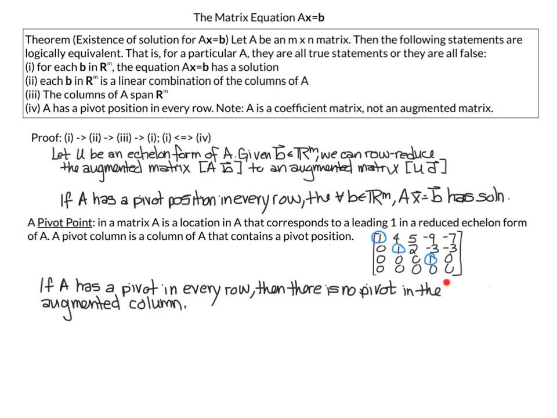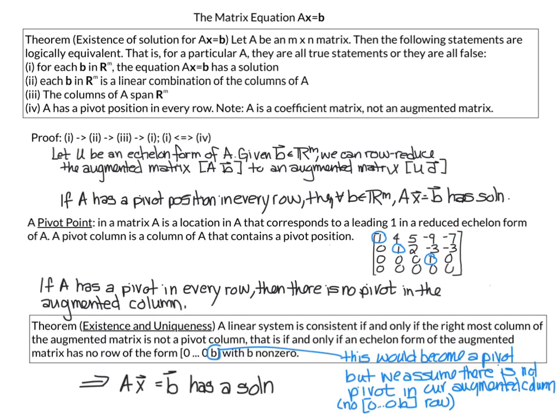Remember, this is the augmented column, and for pivot positions, we're only looking at matrix A. So if this matrix had a pivot in every row, it would also need to have a pivot in this last column. And since the pivot is the leading one, the first one in the row, that means that B cannot have a pivot.